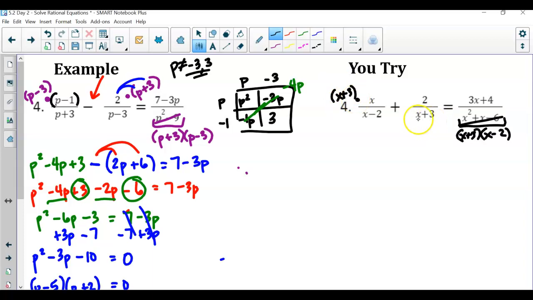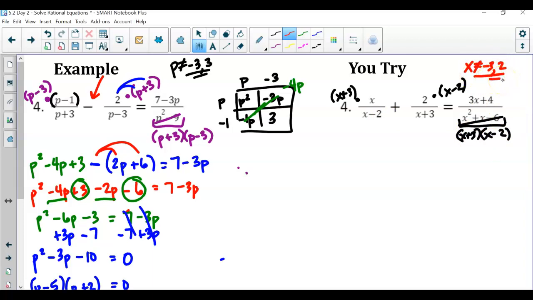Then if I have x plus 3 here, I multiply the second expression by x minus 2. Now I've got my common denominator. That means for our undefined values, x cannot equal negative 3 and positive 2. So keep that in mind.